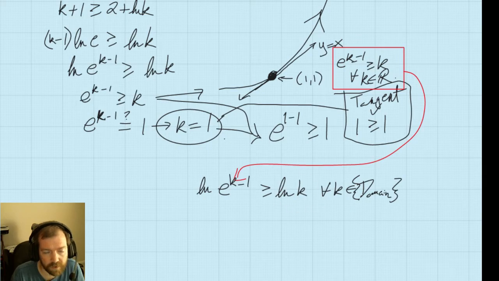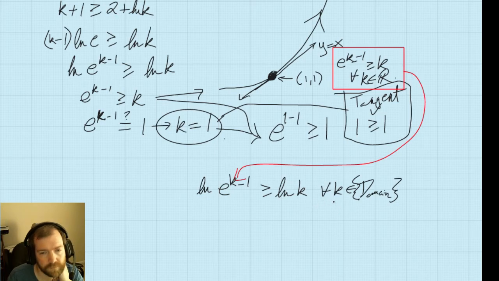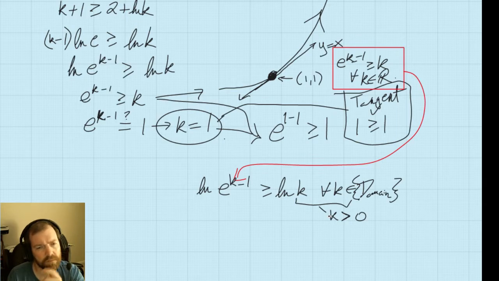So basically it's just greater than 0 at this point. Interesting.